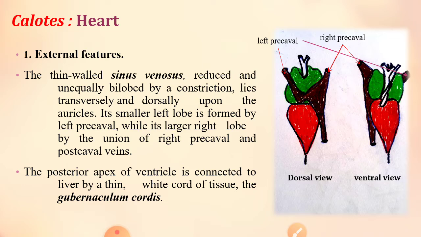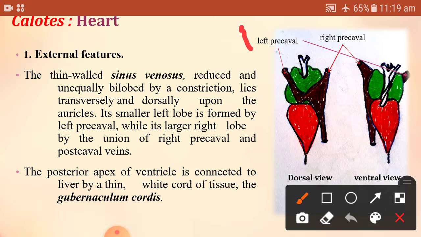The two precaval veins collect blood from the anterior side of the body, from the head and thorax region. Blood is collected with the help of two precaval veins, the right precaval vein and the left precaval vein.